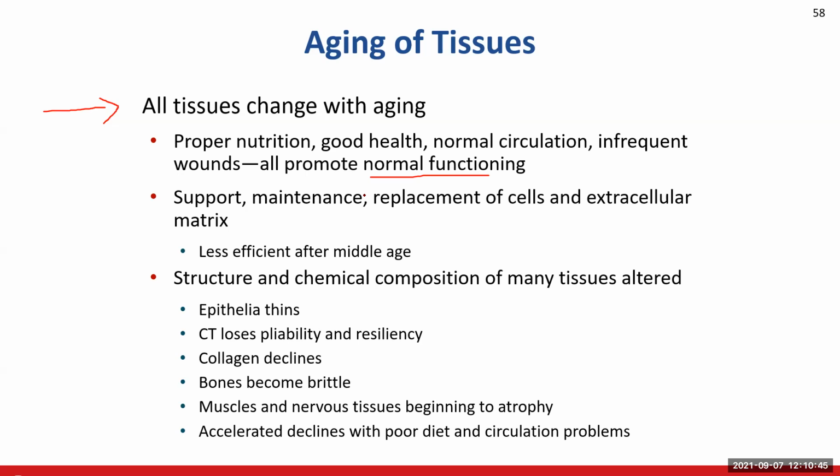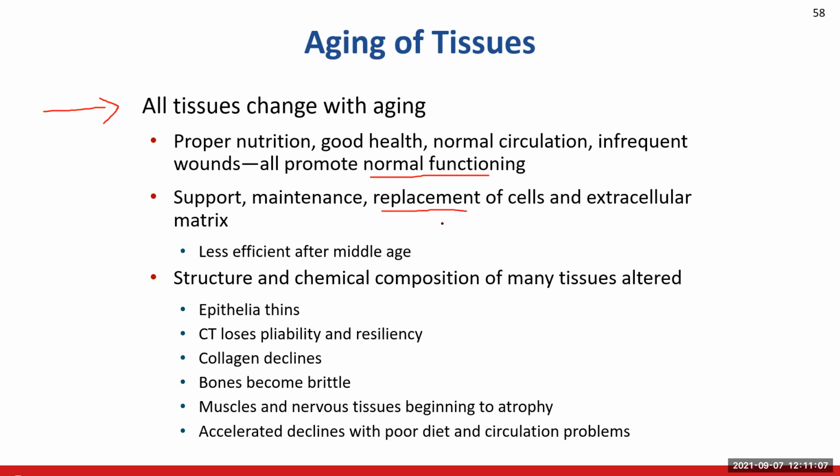But as we get older, sometimes it's not that easy. And as you know, as we age, as we grow, even through puberty, from a toddler into early childhood, into adolescence, as we grow, a lot of these tissues have to be replaced, and they have to grow also.